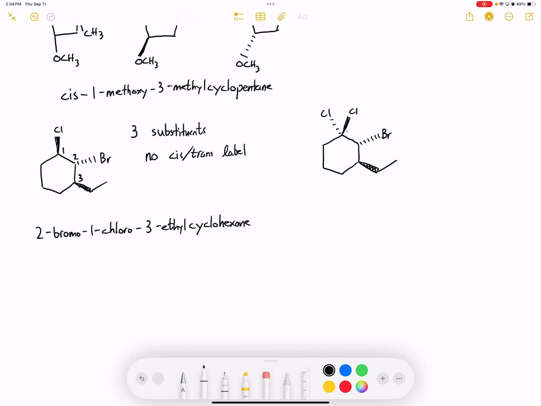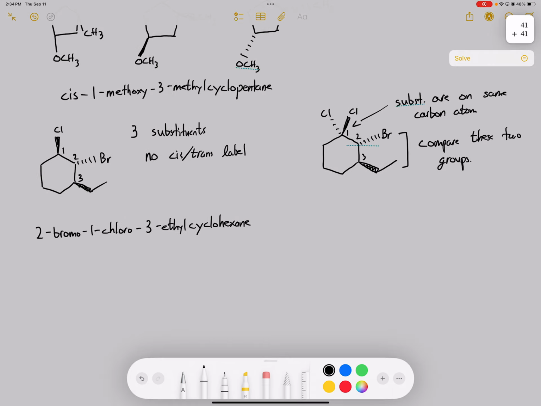Again, 1, 2, and 3, like before. But look, both of these substituents are on the same carbon, so what we're comparing is these 2 groups.